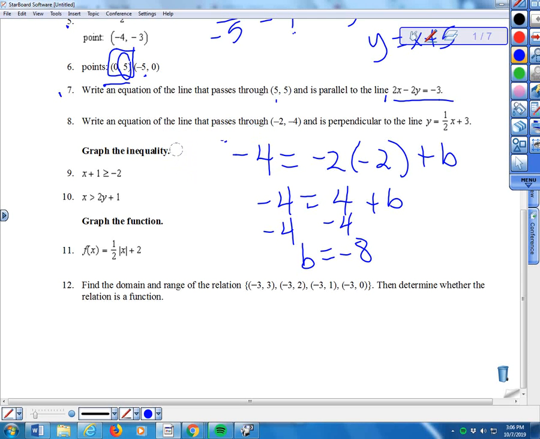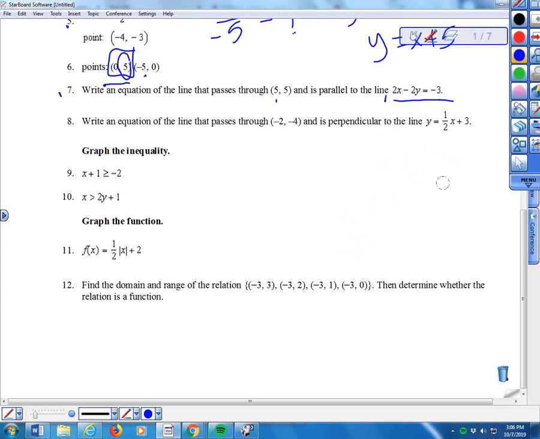Okay. Next two are graph inequalities. So the first one is x is greater than or equal to negative 3. When you graph inequalities, there are 4 steps. The first step, graph it as if it were an equation.